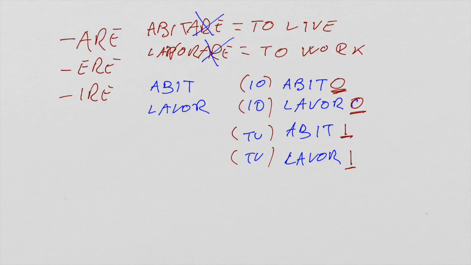And you do like this with all the regular verbs ending in -are. Don't worry about the irregular, you're going to learn them later. Now, there are two cases that you have to keep in mind. Let me make some space here.